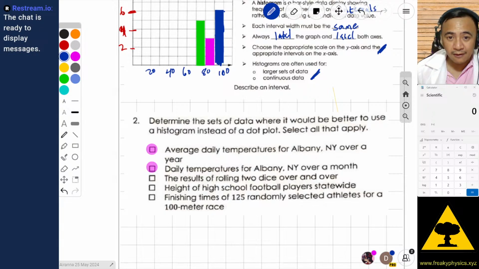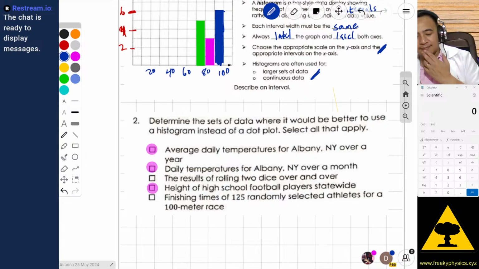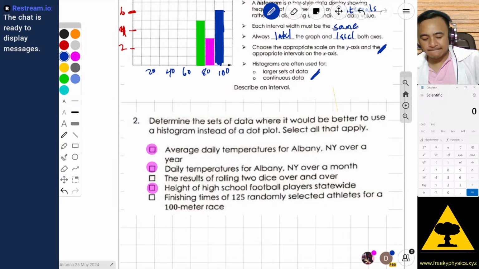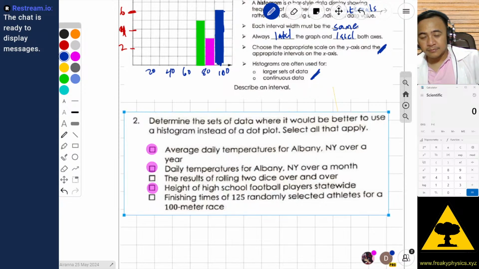Height of a state. Statewide. And the last one, finishing times for 125 random athletes.